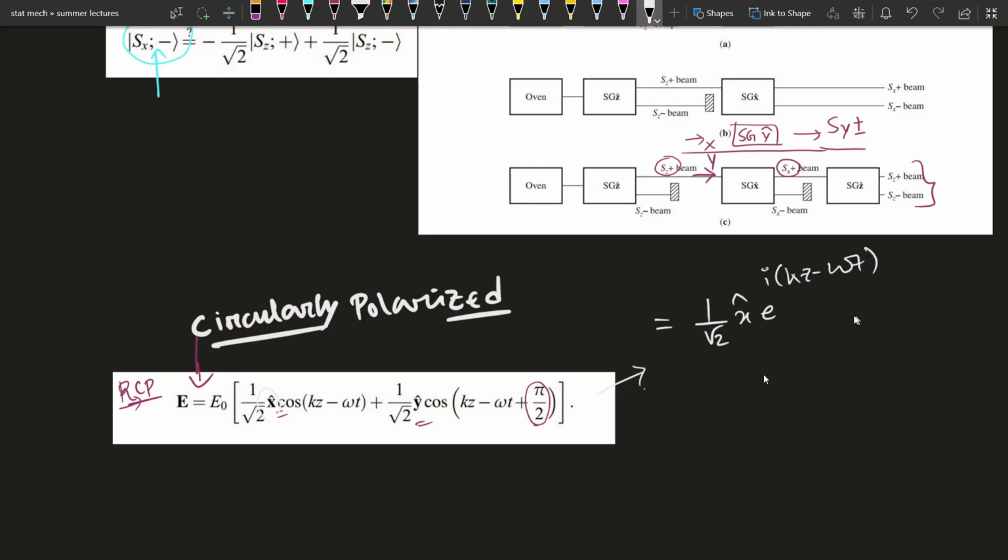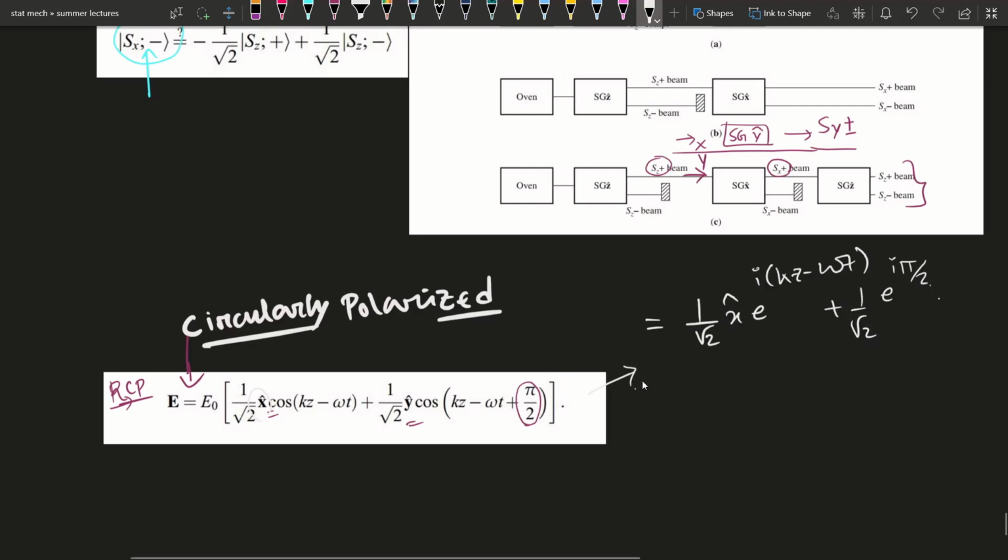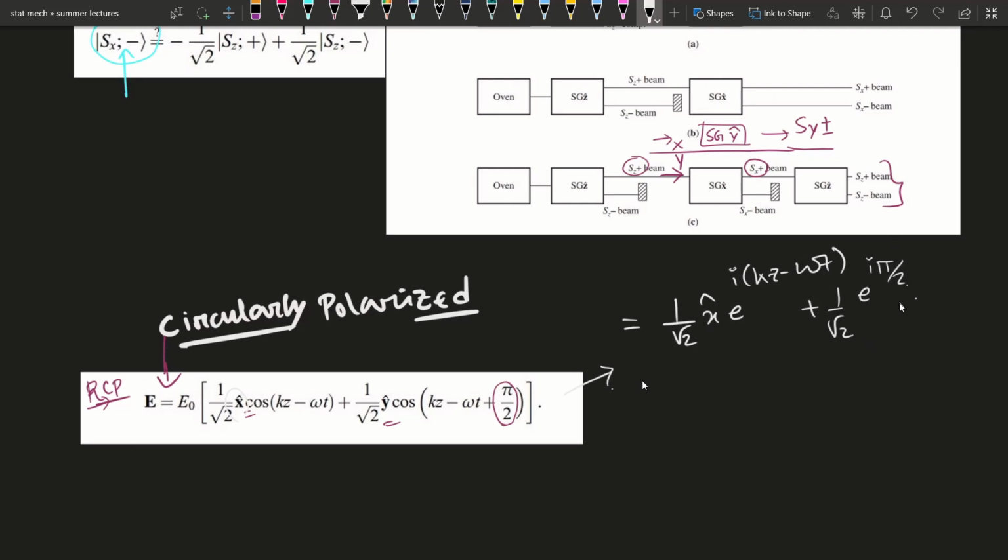We are taking the real part, cos of kz minus omega t, plus, just take out e to the power i pi by 2, and 1 by root 2 e to the power i(kz minus omega t).